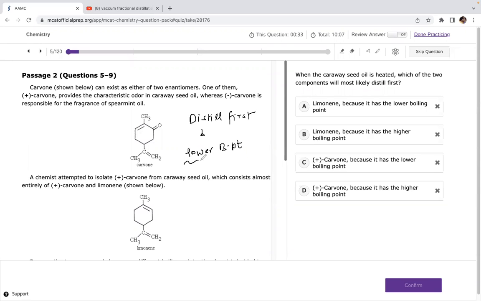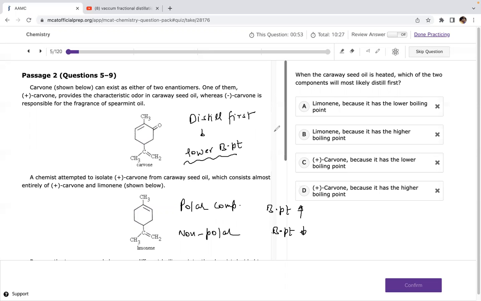And how can we judge boiling point? I can tell you, polar compounds have higher boiling points and non-polar compounds have lower boiling points.